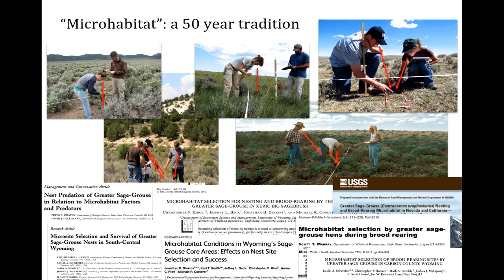So there's a very rich literature out there about this microhabitat. This is just a smattering of papers that actually have the term microhabitat in the title, but there's hundreds of papers that are looking at habitat at this particular scale.